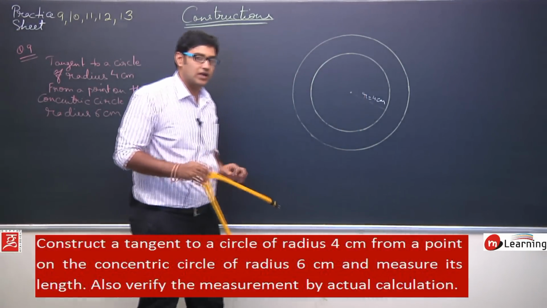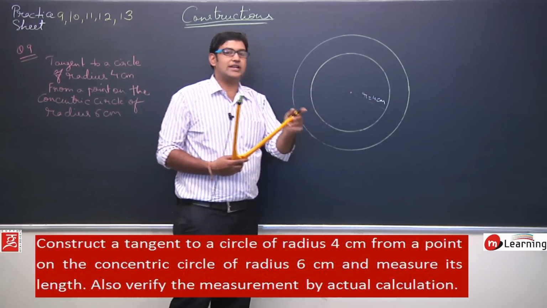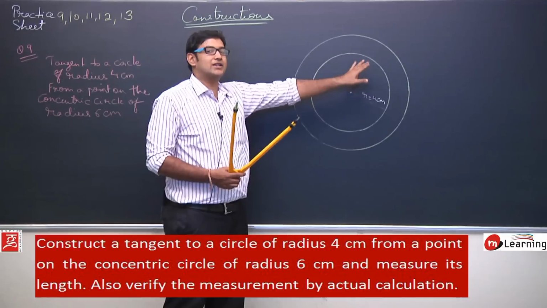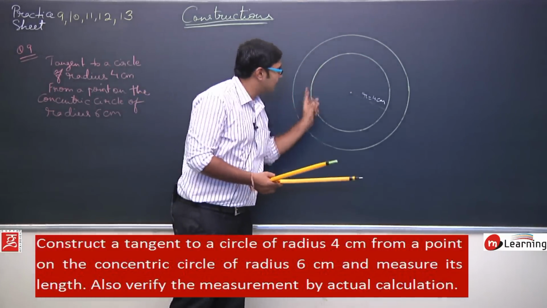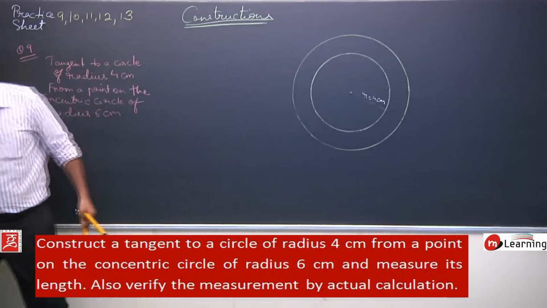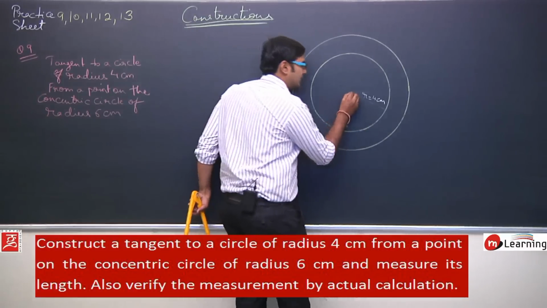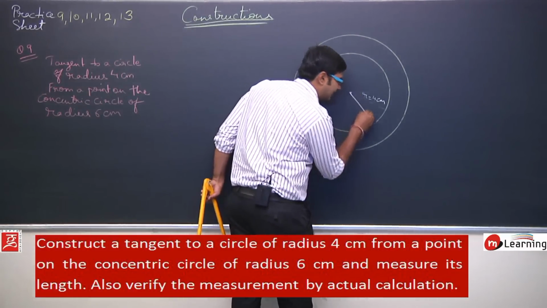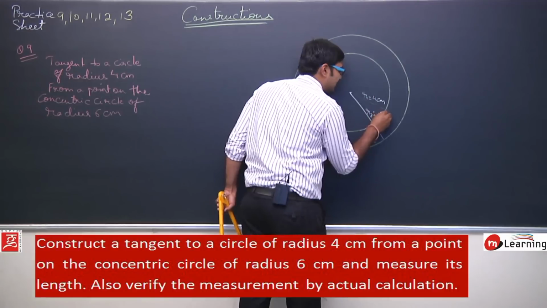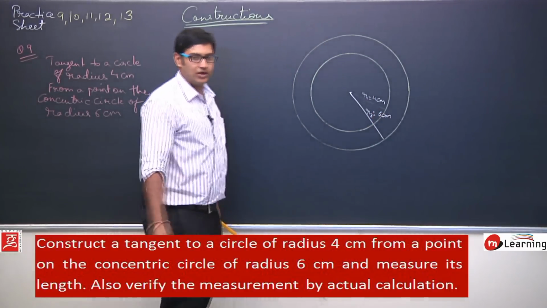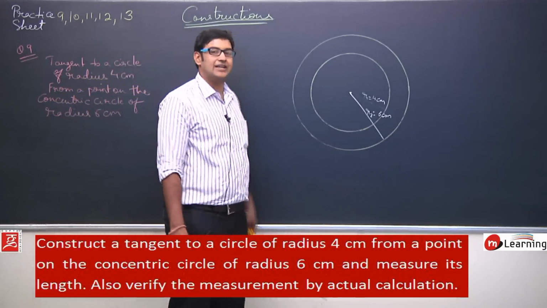It's difficult to put the compass on this board, because the needle of the compass cannot be inserted inside the board, so you may find a bit of error in this diagram, but for the sake of explanation I am taking this as the center, and this is the radius r1, this is r2, 6 centimeters. I have two radii, 4 centimeters and a concentric circle of 6 centimeters.